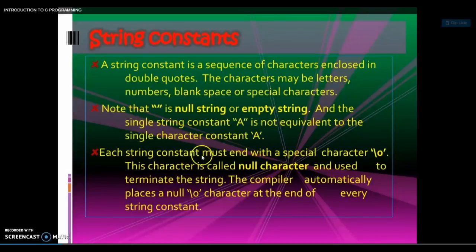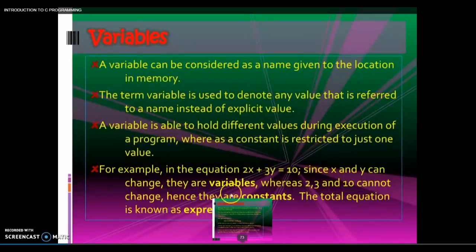Each string constant must end with a special character, that is '\0' in single quotation. This character is called null character and used to terminate the string. The compiler automatically places null '\0' character at the end of every string constant.